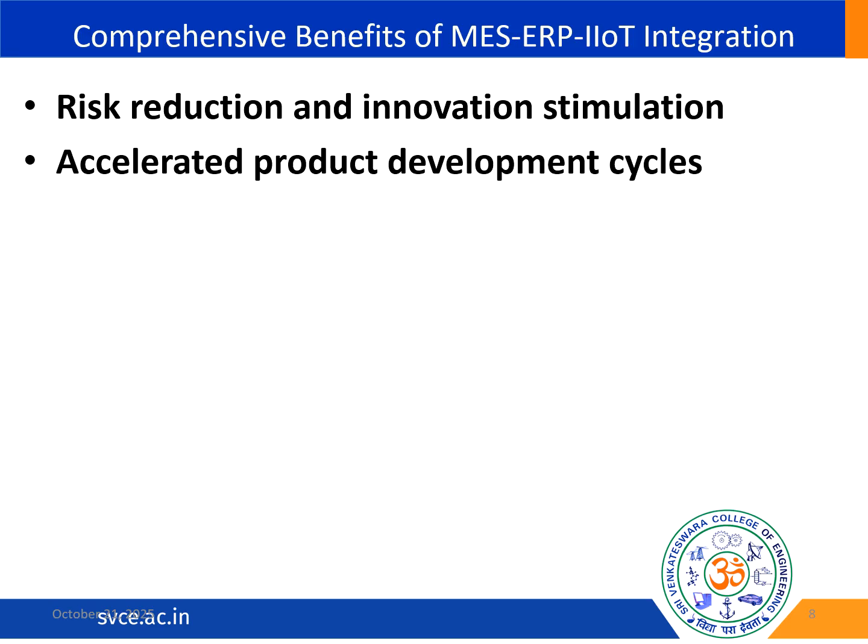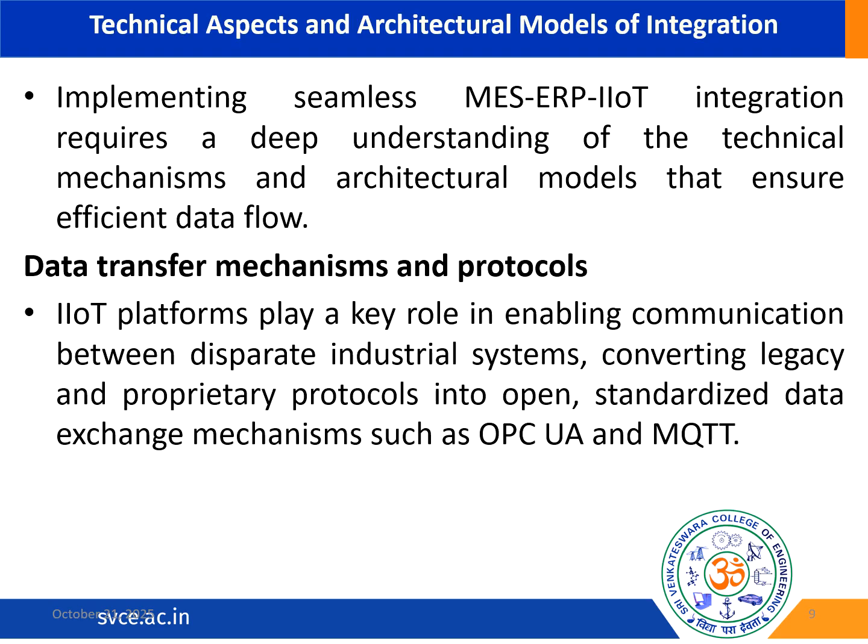And next we'll move on to the next part, where you will be focusing on technical aspects and architectural models of integration. So there is also some comparison between MES, ERP and IIoT integration.